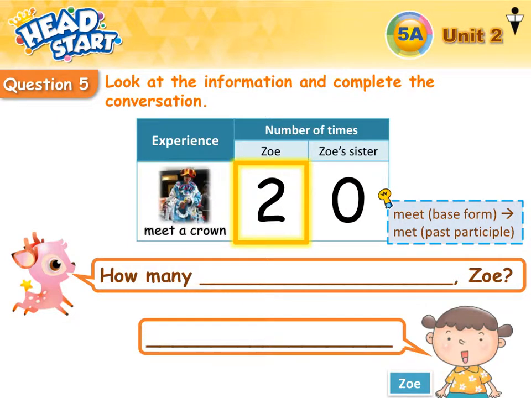Okay, question 5, the last one. Oh, sorry, there is a typing mistake here. Should be a clown, not a crown. Okay, so Zoe, and Zoe's sister, 0.